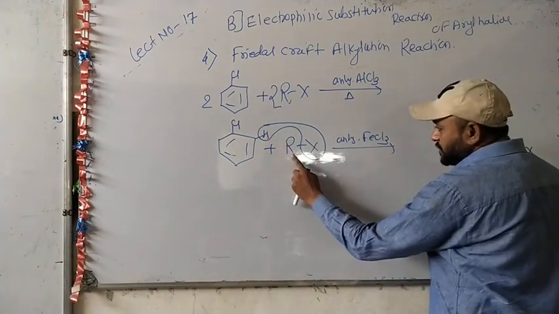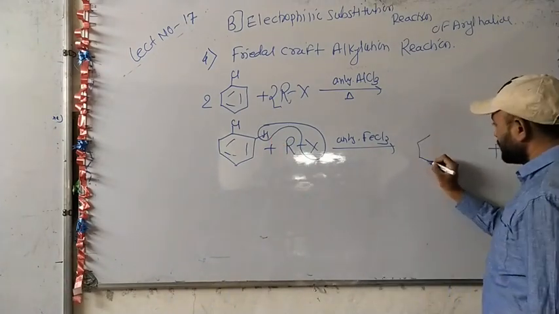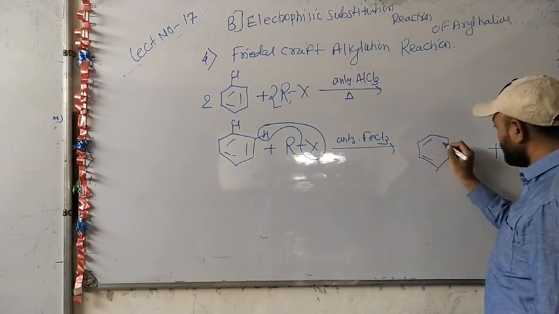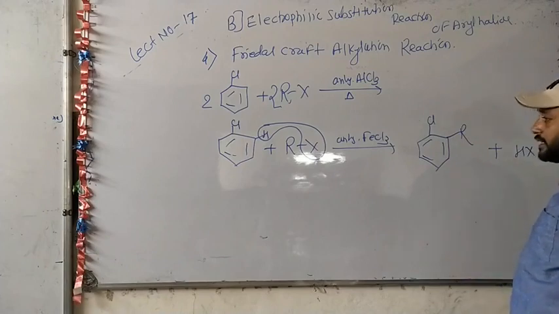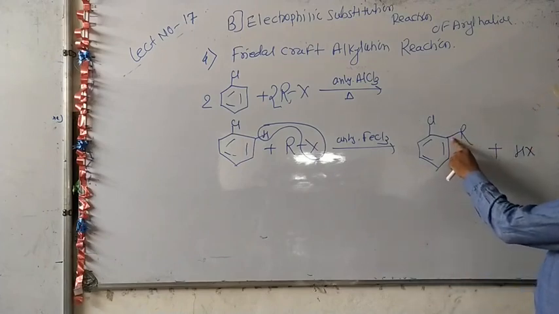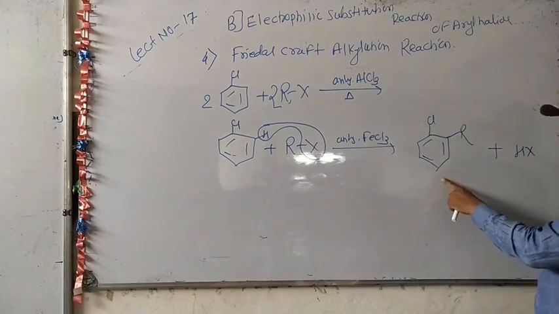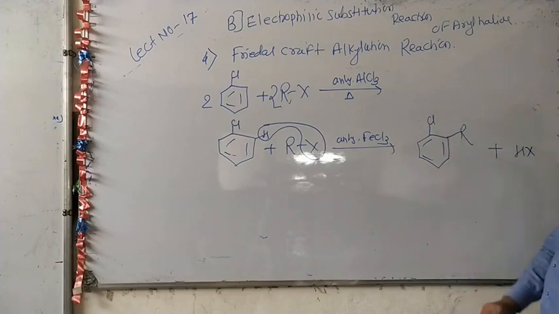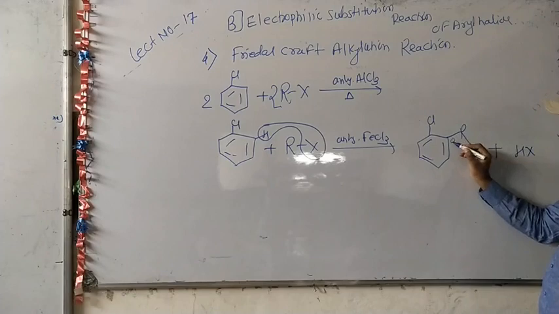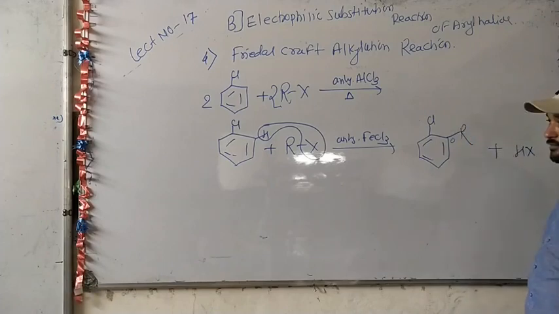This hydrogen is replaced by the alkyl group at the ortho position. That's why we introduce alkyl here. The introduction of an alkyl group is called an alkylation reaction. This is alkylation, forming ortho-alkylated chlorobenzene.